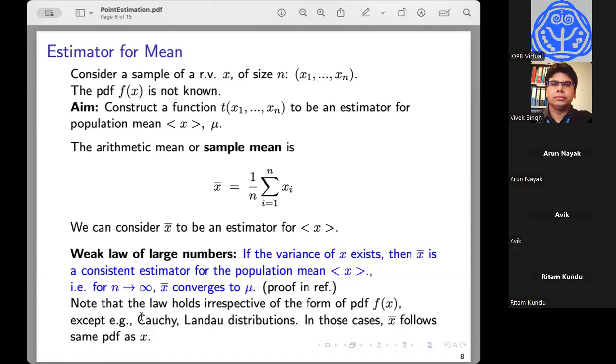So these two distributions don't have a finite variance, and this law is only applicable to those PDFs which have finite variance. But in practical cases, you can still get some variance from Landau and Cauchy.